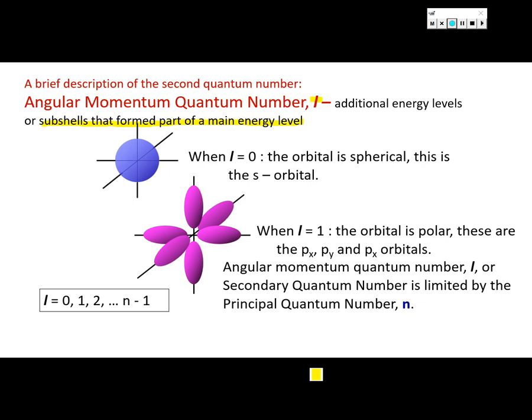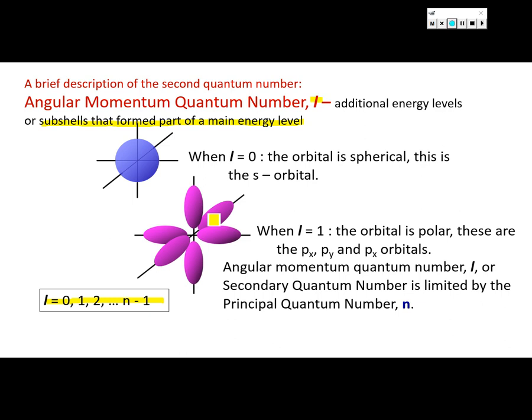So when you are asked about the L value, down here is what you're going to do. You're going to start at 0 and go up to n minus 1.